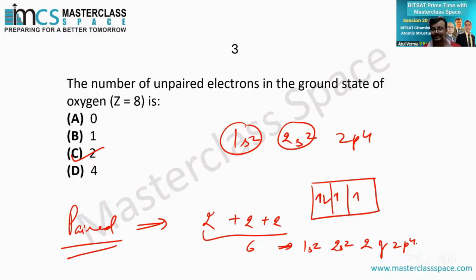Okay. So do not get confused at times when you feel the question is way too easy, very simple. Sometimes we make mistakes. So don't just look at 2p4 if you are asked about paired electrons. But here the question is asking about unpaired. So yes, the answer is very simple, 2.